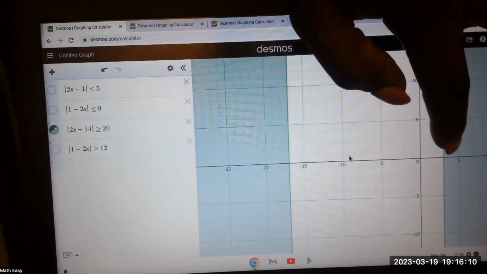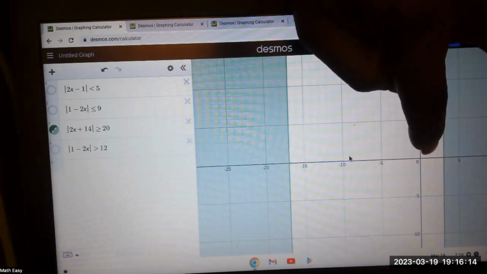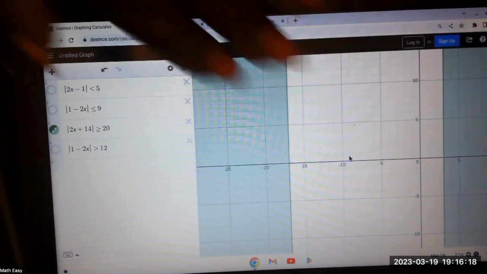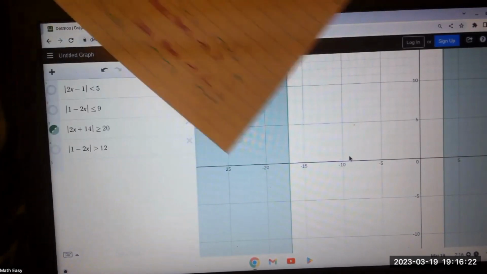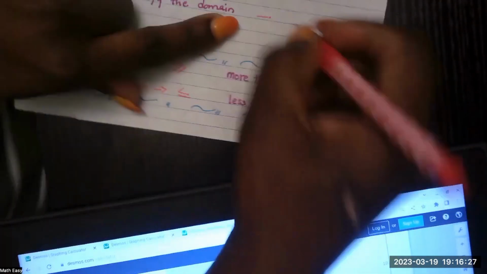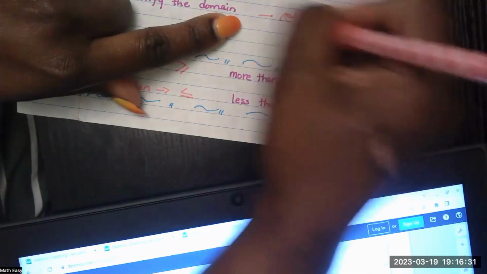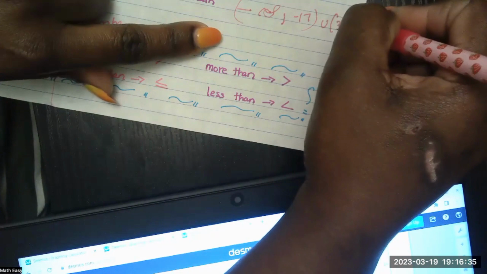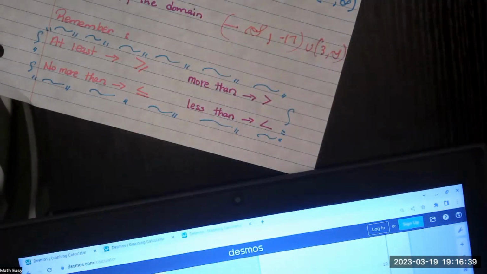On this end here, it's 1, 2, 3, so it goes from 3 to +infinity. So your solution for that should look like this: -infinity, comma, -17, union 3, comma, infinity. So that's how we do it for greater than.